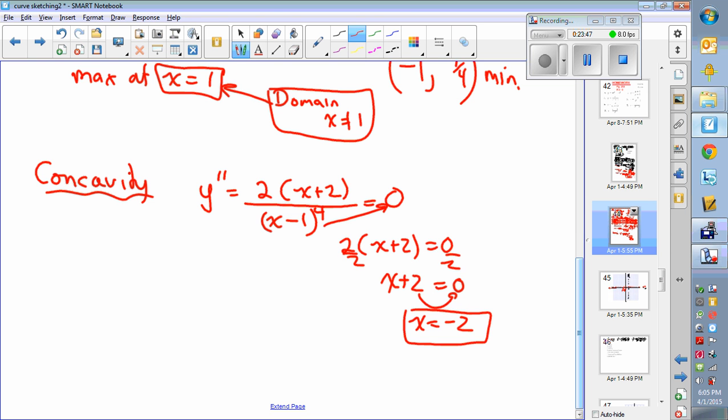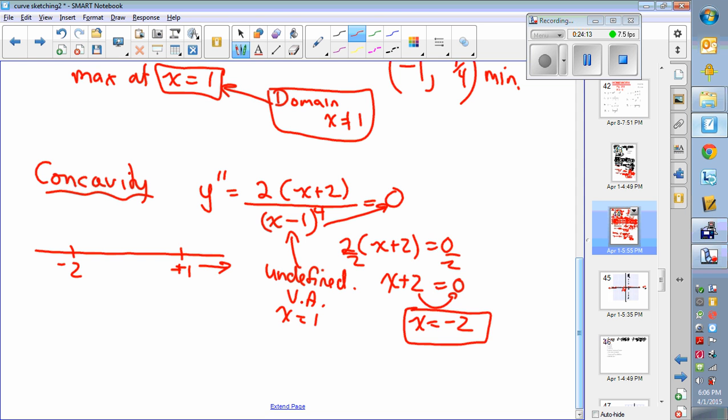Now, for concavity, you don't just test the point that makes the second derivative 0. You look at what also makes it undefined. As I mentioned before, you always test the vertical asymptote, and the vertical asymptote was at x equals 1. So when you're looking at intervals, you've got a point at 1 that you're checking, and this point at -2.